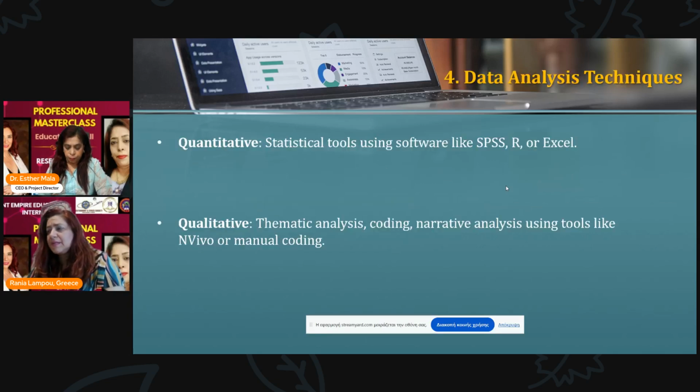For data analysis techniques, quantitative usually uses statistical tools, software like SPSS, R or Excel. We will have the chance to explore SPSS in the next sessions. And for qualitative data analysis, we usually adopt thematic analysis, coding, narrative analysis using tools like NVivo, it's an amazing tool, AI, and or manual coding.